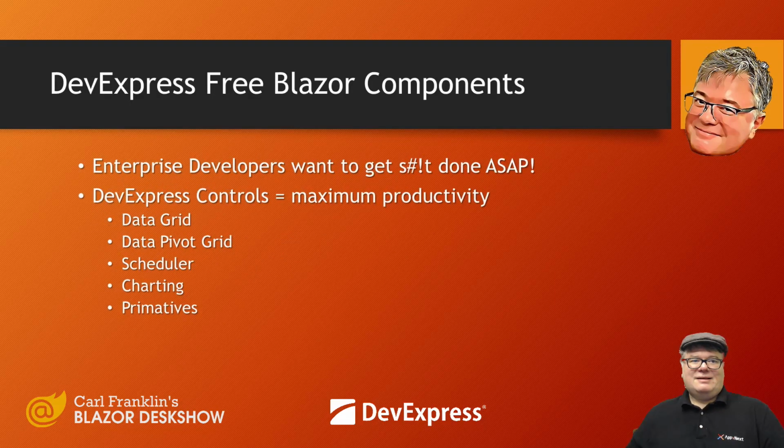Okay, now comes the really fun part. You've seen a lot of code. You've seen a lot of things. I'm going to show you how Developer Express's Blazor controls can save you a lot of time and effort.